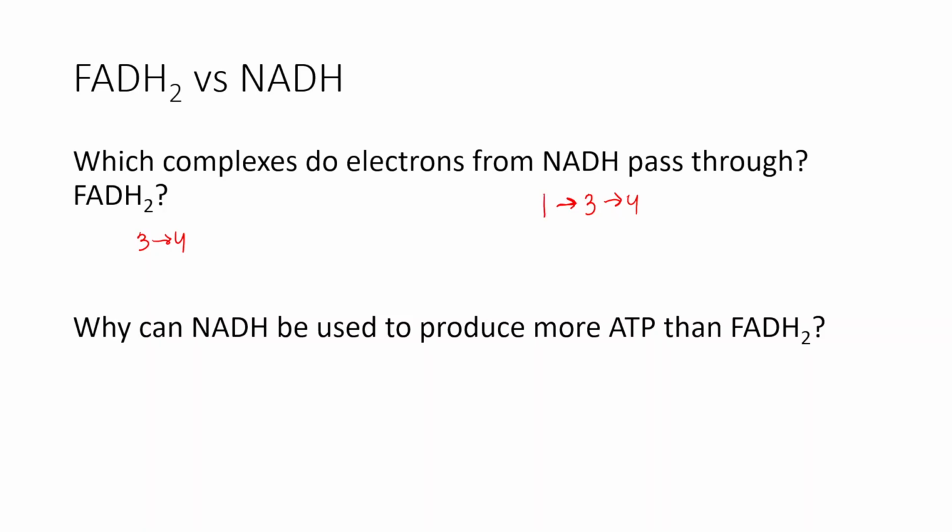NADH enters through complex 1 and bypasses complex 2, goes straight to 3. FADH2 enters through complex 2, never passes through complex 1. And so that's where our different numbers of protons arise from. Complex 1 gives you 4 protons. Complex 3 gives you 4. Complex 4 gives you 2. Complex 2 gives you 0.